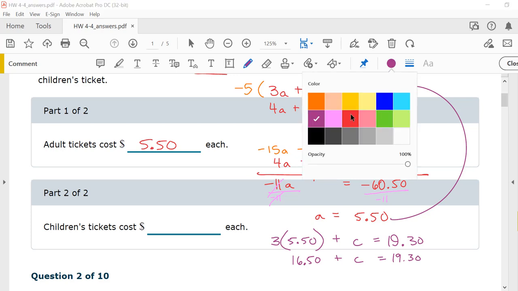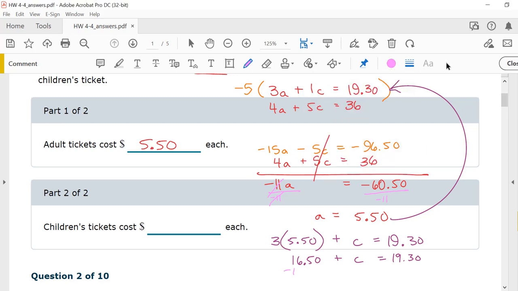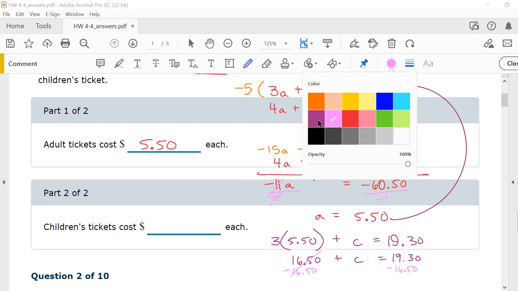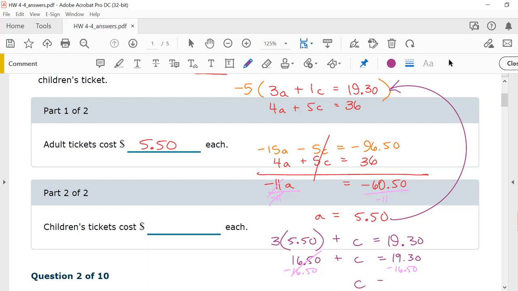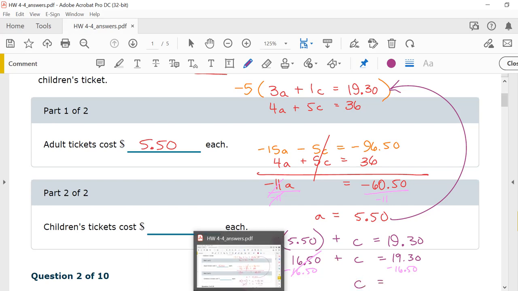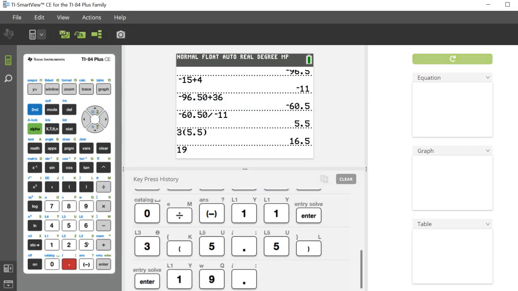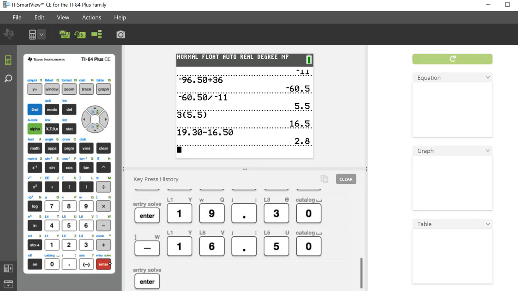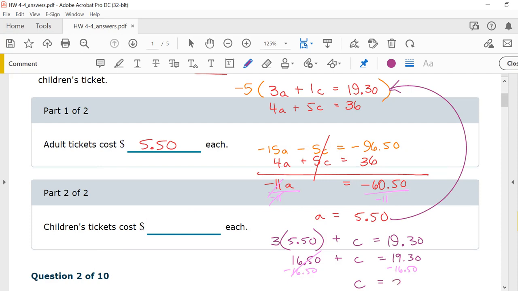I need to subtract 1650 from both sides. And I get C equals 1930 minus 1650. 280. So the children's tickets are $2.80 each.